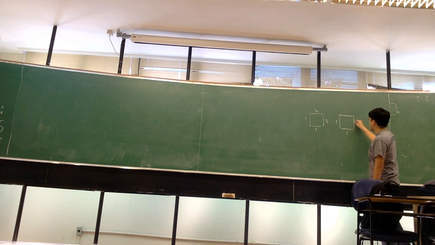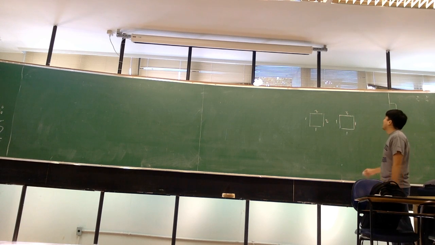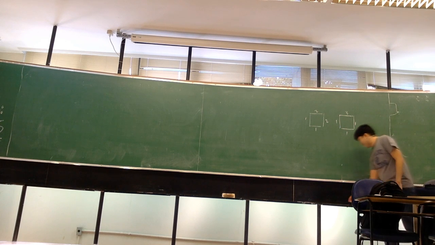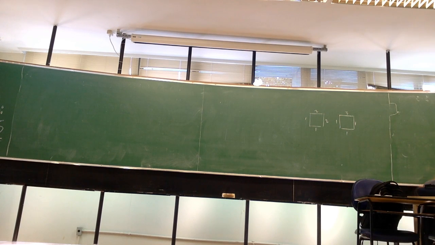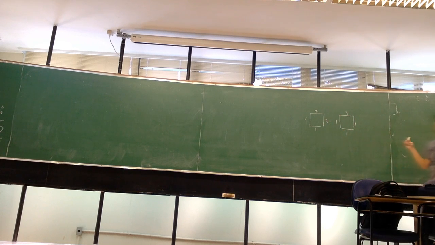Or 3 sides of the square are formed by a single stick each, and the last side is formed by 3 different sticks. Okay. So basically you have to count the number of possibilities for these 2 cases. I'm going to show how to count the number for this case, and I'm going to leave this case for homework.